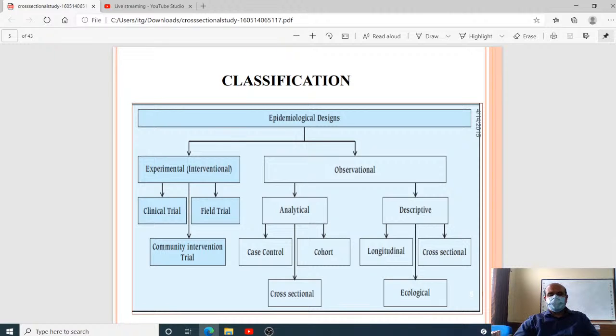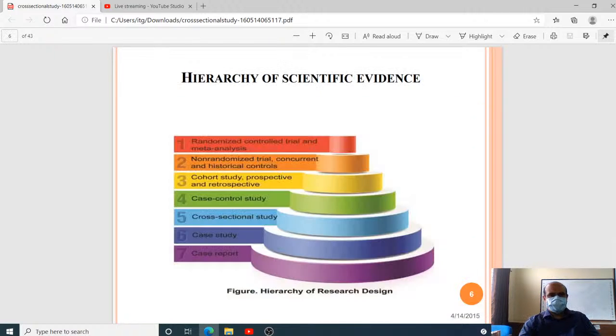In observational studies, again there are two types: analytical or descriptive. In analytical studies, there are case control, cross-sectional, and cohort studies. And in descriptive studies, these are longitudinal studies, cross-sectional studies, or ecological studies.